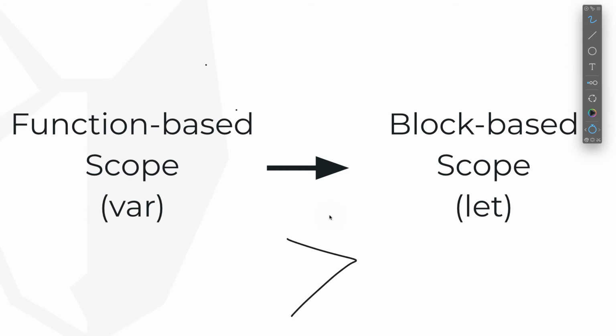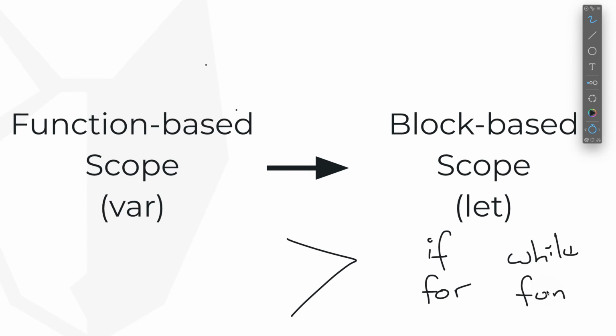A function is going to be your entire function, and that's going to be usually big. And then blocks are going to be something smaller, like if statements or for loops or while loops. And you could also have other functions as well, but you're going to notice that in general, blocks are going to be smaller than functions.